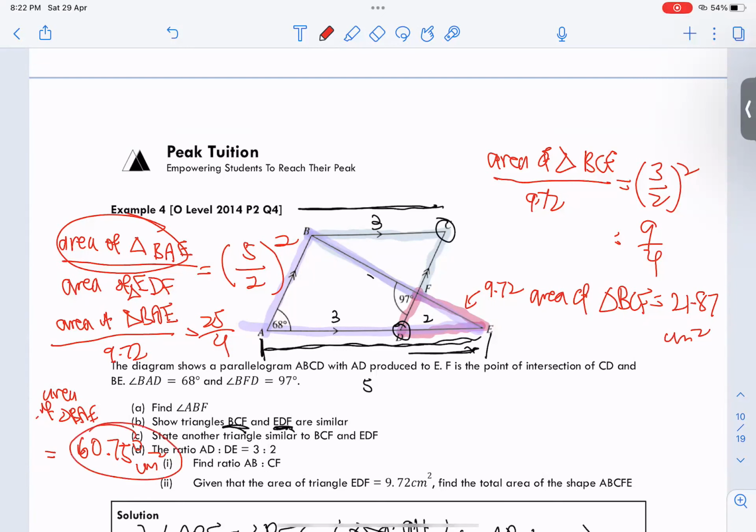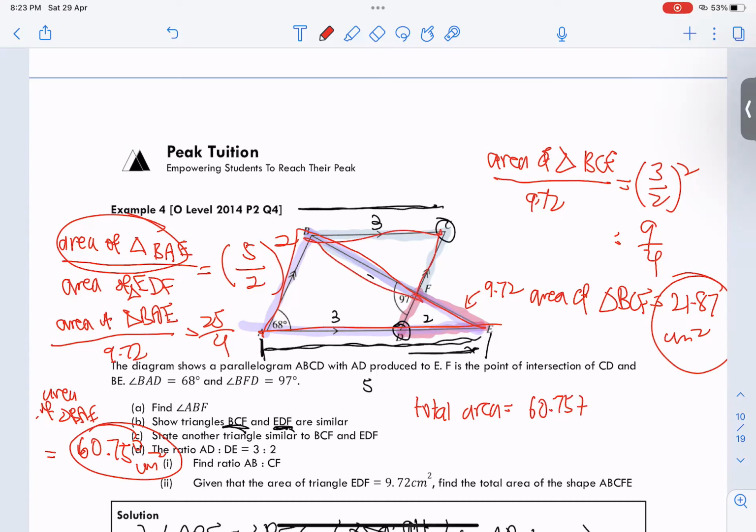So you can add up these two, then you get the total. Total area equals this one, 60.75, plus this one, 21.87. You get 82.62.